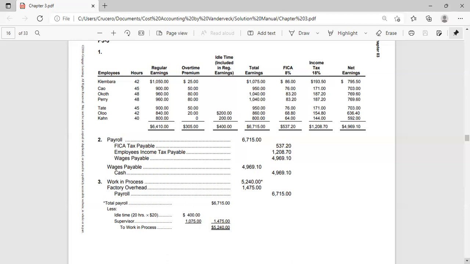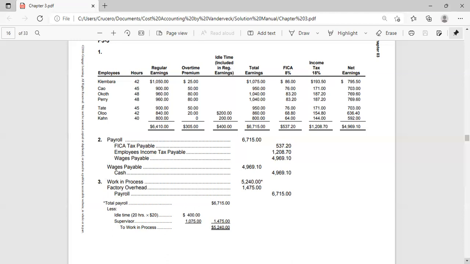And we credit, we include in the supervisor the amount of 1,075. So the 1,075, we are now deducting here, debit to work in process, only for 5,240, gross earnings of 6,715 minus the idle time of 400, and we have the supervisor with it.